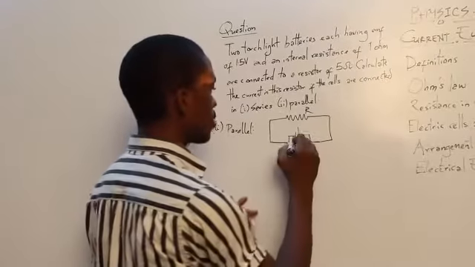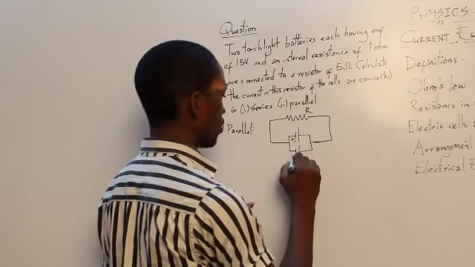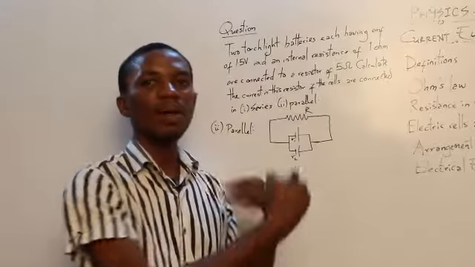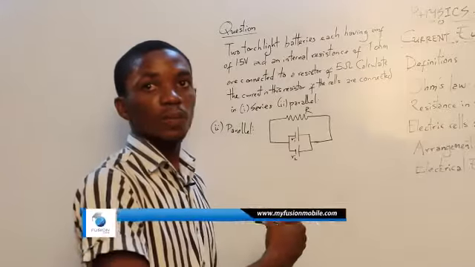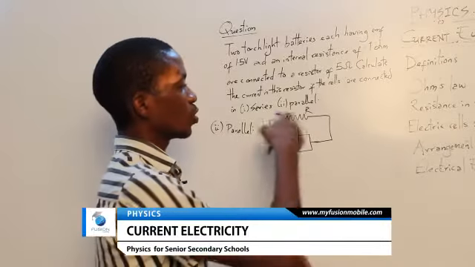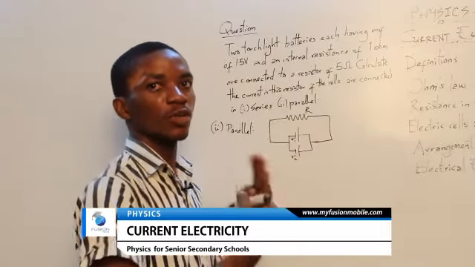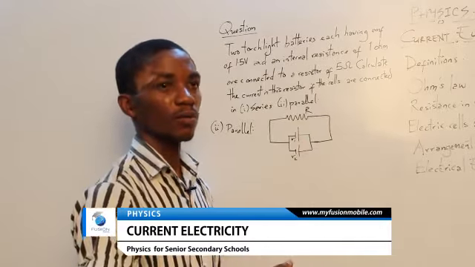Which means here we'll have an R, that's R1, and another R, which is R2. Now, R1 and R2 are in parallel connection with each other, but they are in a series connection with our big R. They are in a parallel connection with each other, but in a series connection with the big R.